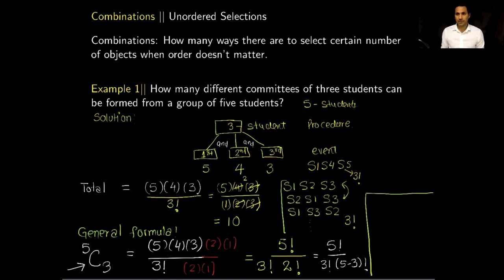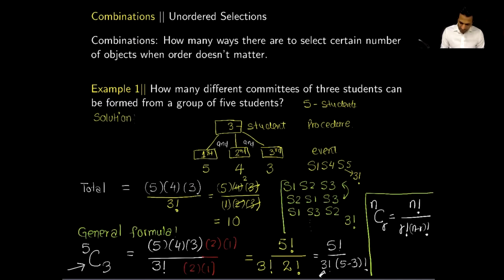So now let's write down the formula for a general case. When you have 5 choose 3, in general n choose r, if you have n number of students and you have to choose r, then the general formula will be n factorial, the number of ways you can permute the n objects, divided by r factorial, because this is the number of objects you need to choose, and then n minus r factorial.